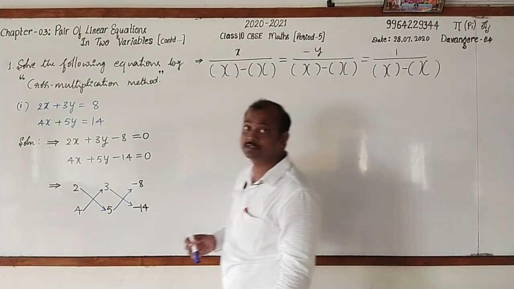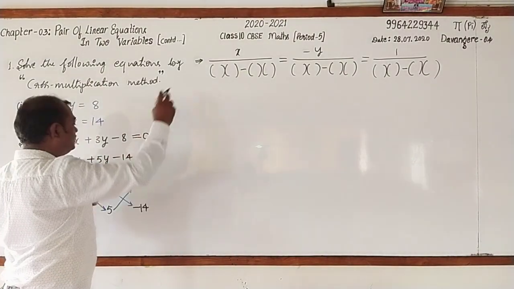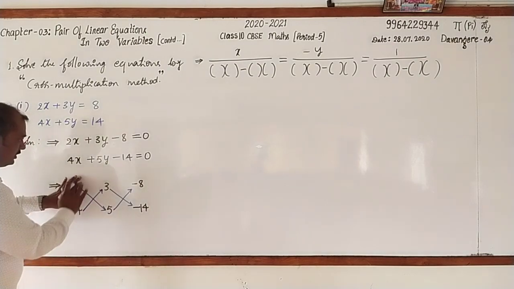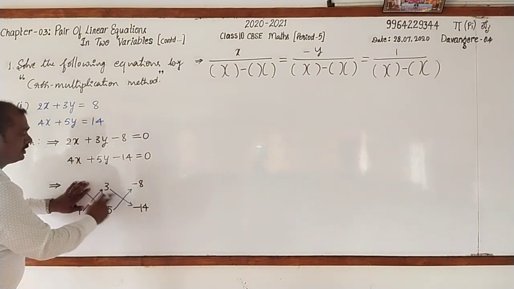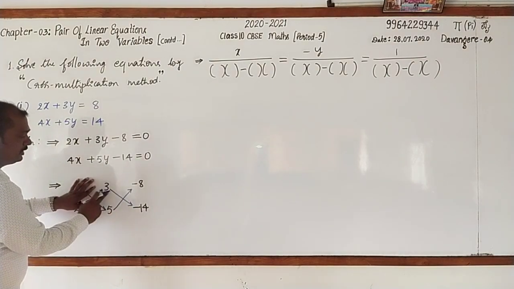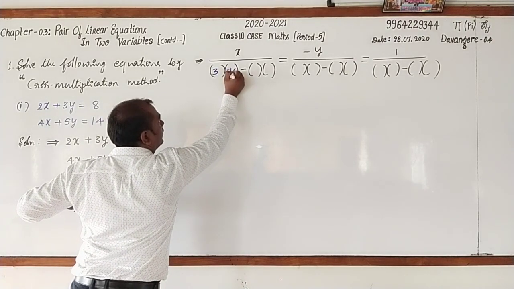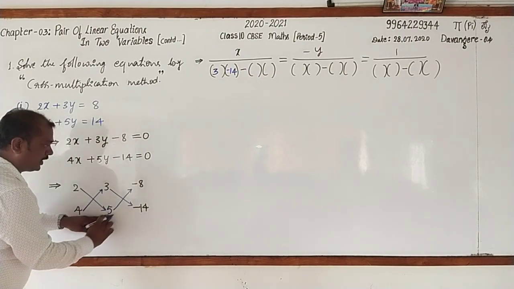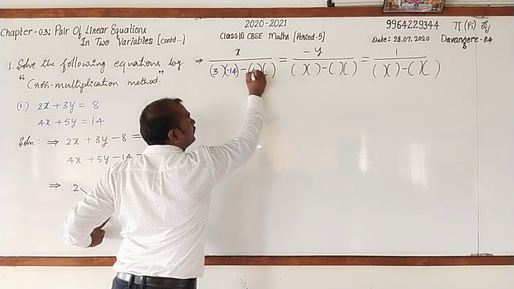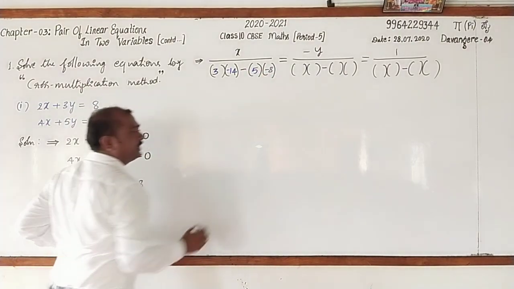Now we have to substitute the terms. Observe x. With respect to x, leave the coefficients of x and take the remaining: 3 and minus 14, then 5 and minus 8.